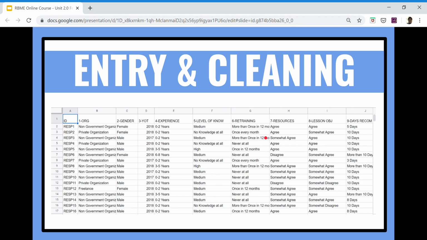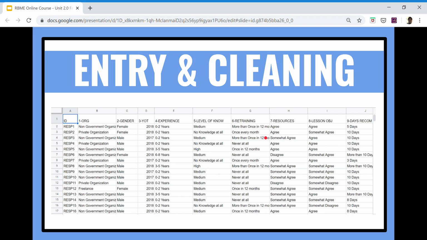And also entry: if you have not used an online tool to collect the data, or an offline tool like KoBoToolbox that you can use for mobile data collection, it becomes difficult. So you need to enter the data and make sure it's clean. Also, if you used an online tool, it doesn't mean you won't still clean. You will still clean, but it won't be as much as when you use the traditional method of collecting data.